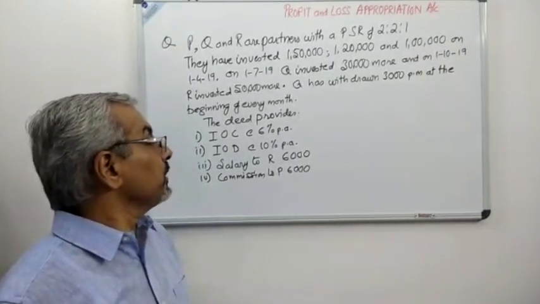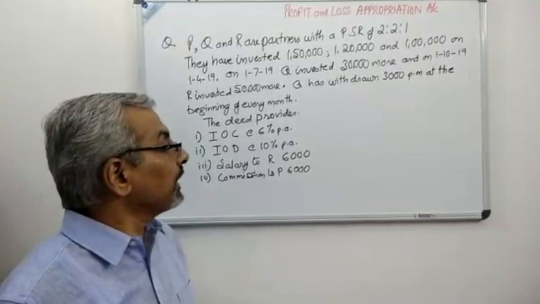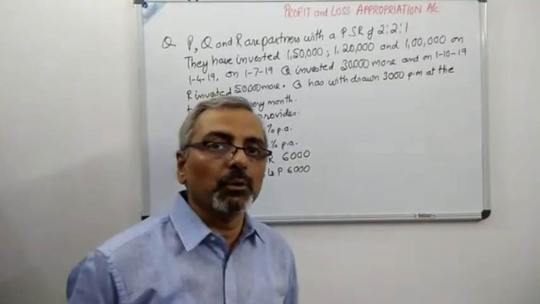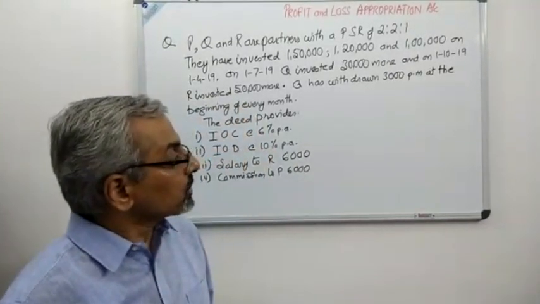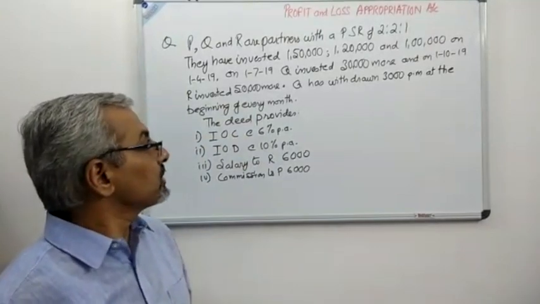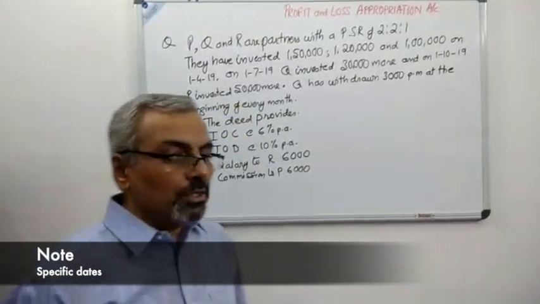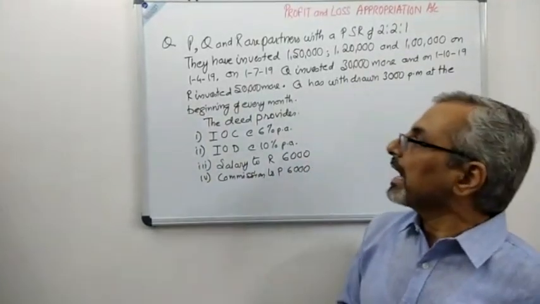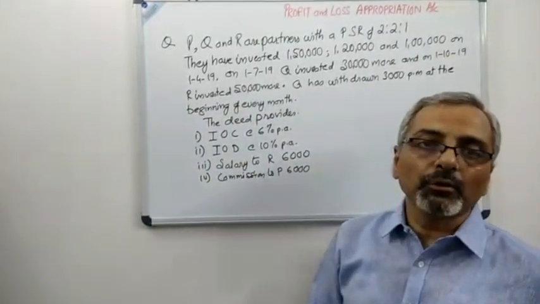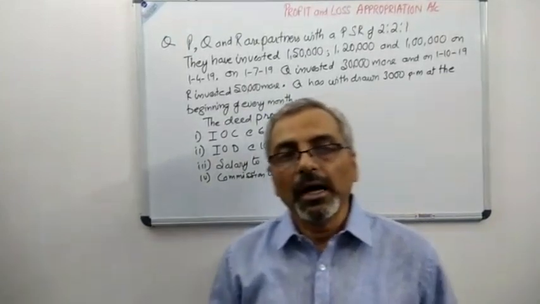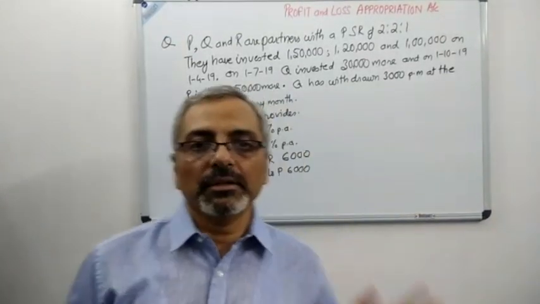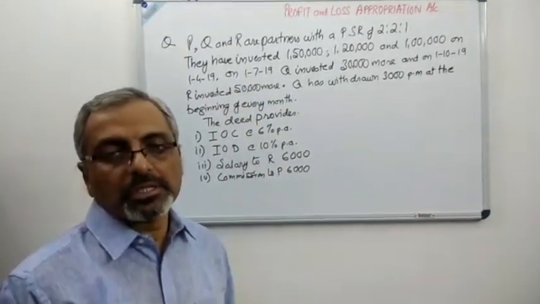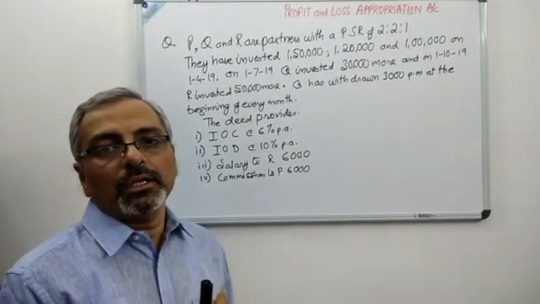You can also see that on 1st of July 2019, Q has invested 30,000, and on 1st of October 2019, R has invested further capital of 50,000. So if you see very carefully, all of them have actually invested 1,50,000 rupees throughout the year. Either they have invested directly, as in the first case P, or they have invested that 1,50,000 in multiple ways.